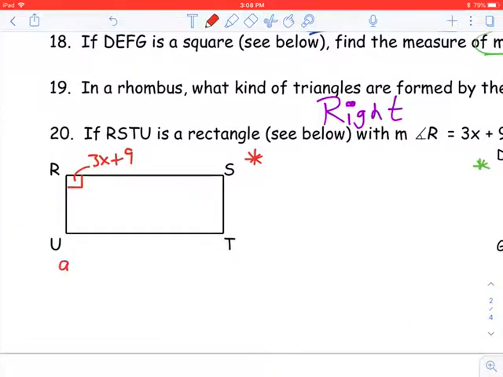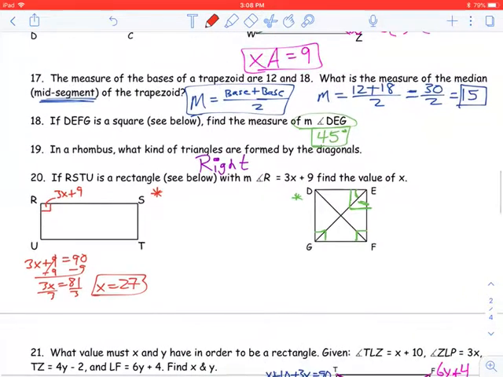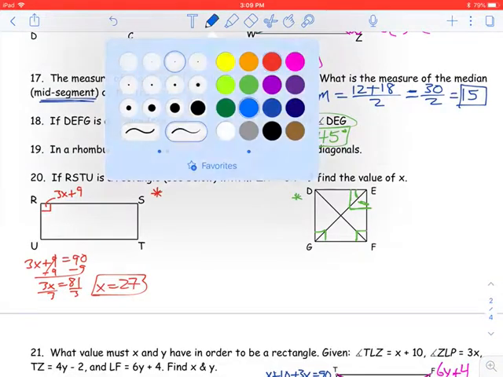If it's a rectangle, automatically 90 degrees. So subtract 9, get 3x equals 81. Divide by 3 and I get 27. There we go.